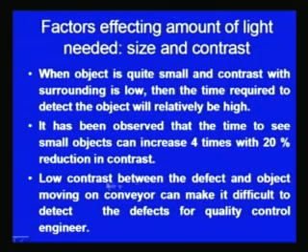Low contrast between the defect and the object on a moving conveyor can make it difficult for the quality control engineer to detect the defect. So, quality control is also affected by the quality of the visual environment.